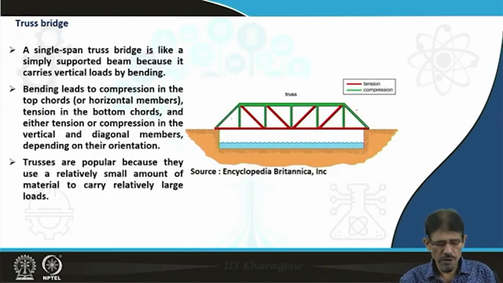The truss bridge is a simply supported beam because it carries vertical load by bending.